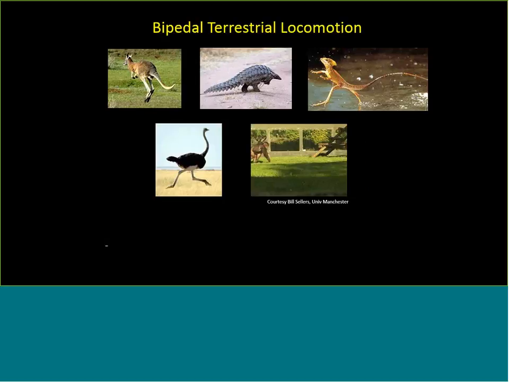So as you look across the animal kingdom, you can find many different examples of bipedal locomotion, getting around on two legs. But it turns out to actually be relatively uncommon. It's much more typical for animals to get around on 4, 6, 8, or more legs.